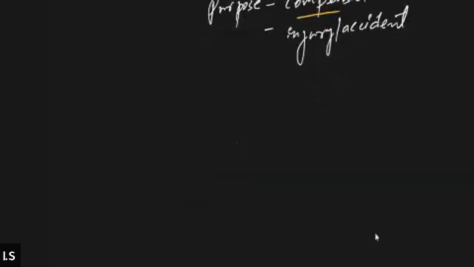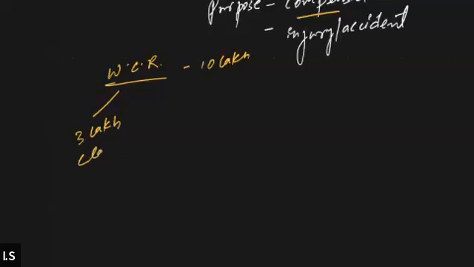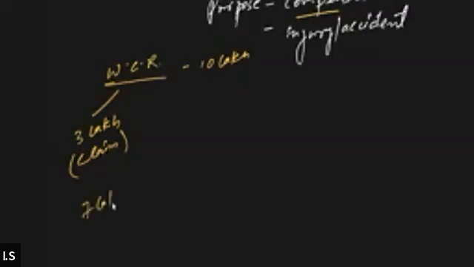Now we have discussed that if a workman compensation reserve is made by the firm, let's suppose of rupees 10 lakh, and out of this only 3 lakh is actually claimed by the employees as workman compensation, then in such a situation, the remaining 7 lakh will be divided among the partners in the old profit sharing ratio.